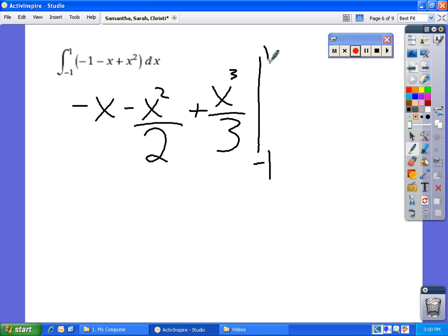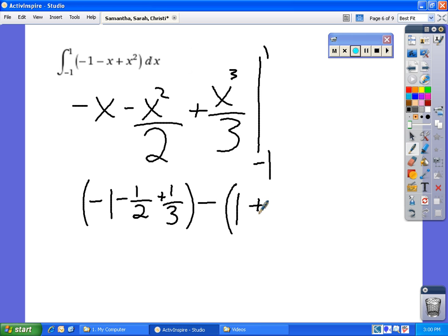And then you plug in your top bound first. So you're going to get negative 1 minus 1/2 plus 1/3. And you're going to subtract that by when you plug in your bottom bound to what you found for the integral. So you're going to have 1 plus 1/2 minus 1/3.